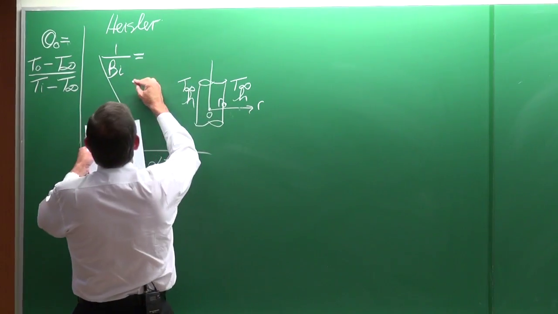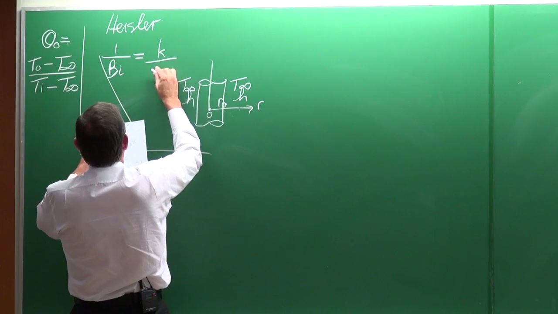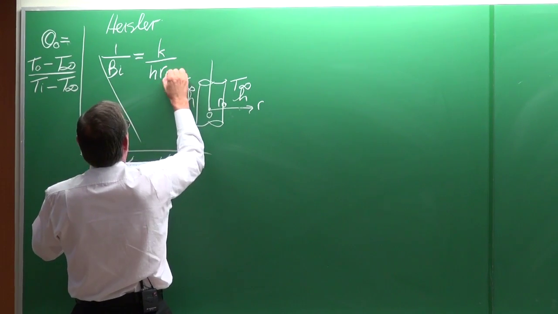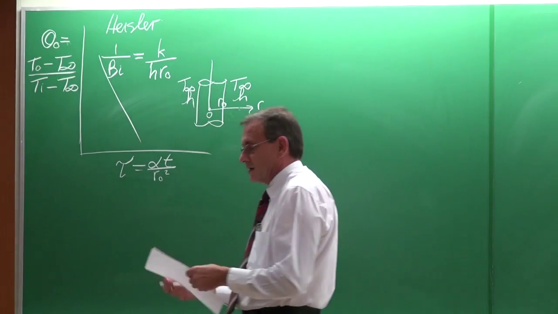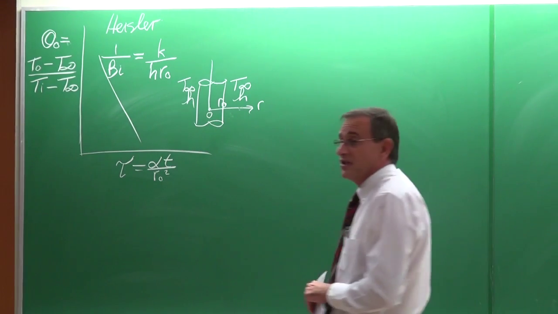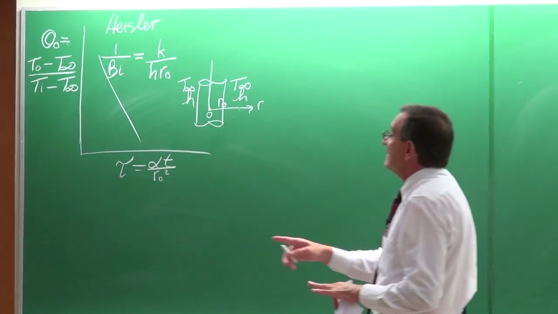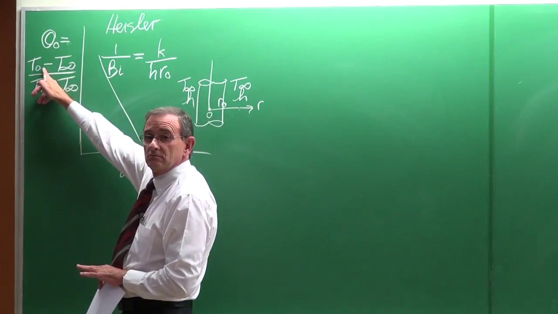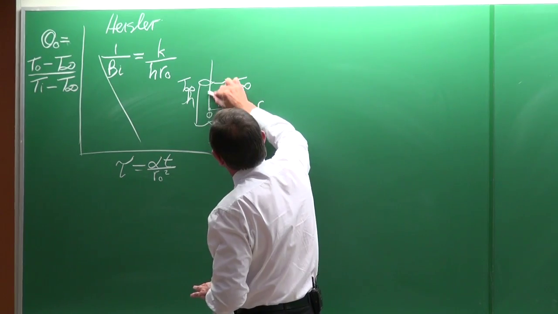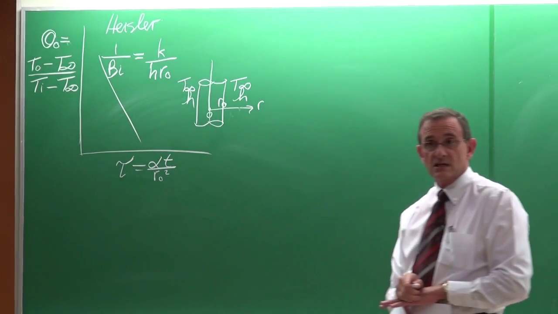So 1 divided by the Biot number is equal to k divided by h R0. Okay, so that is the first graph. It gives us, therefore, the center values. Okay, all the values here on the center of the cylinder.